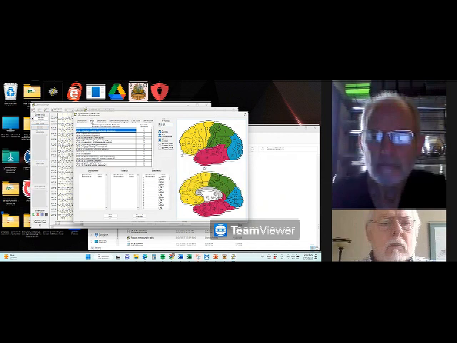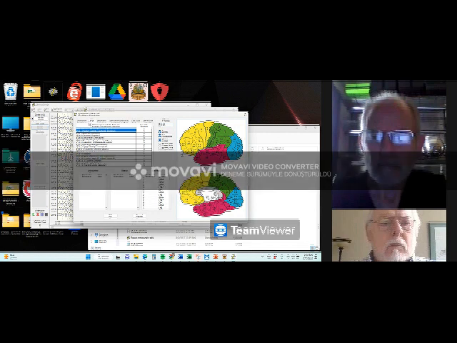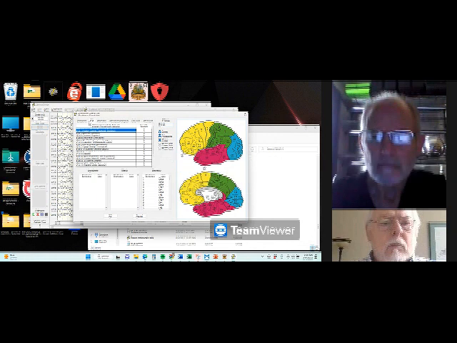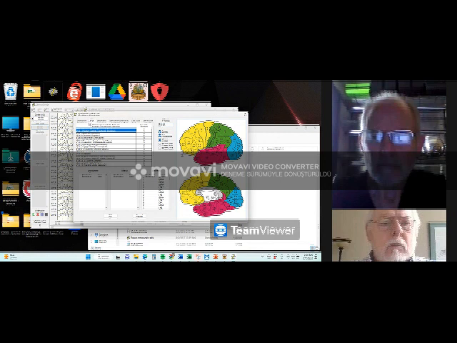It was developed by summarizing about 30,000 PET scans and SPECT scans. And it showed, in this paper, it's in my handbook of QEEG, the huge consistency in these 30,000 subjects with the dorsal network, the cingulate gyrus, the hippocampus, everything that's consistent across all, including EEG and MEG.